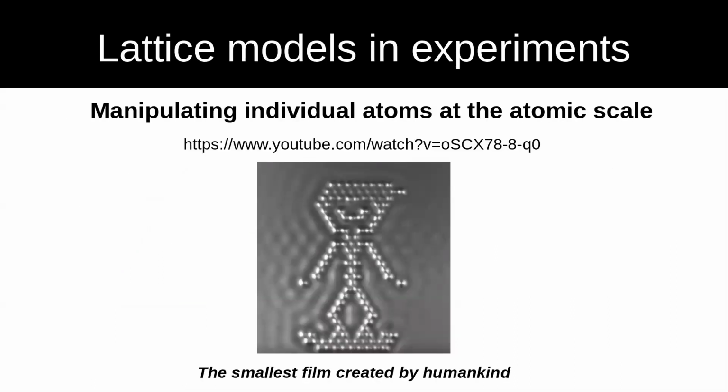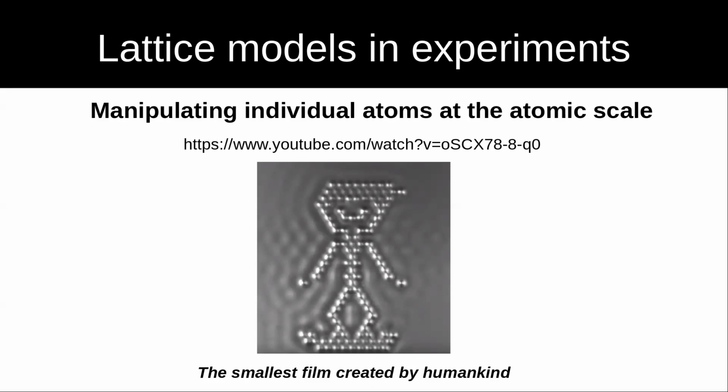Okay, so of course, many of these models may look maybe not realistic or not very relevant for materials, but what is important to note is that these models with a few sites can actually be done in the experiment, and they can be done very efficiently using scanning tunneling microscopy. In particular, there's a very famous example, which is a movie that was built by moving atoms on a surface.